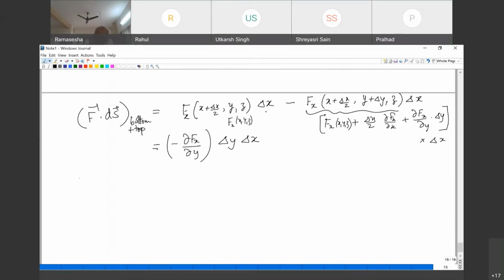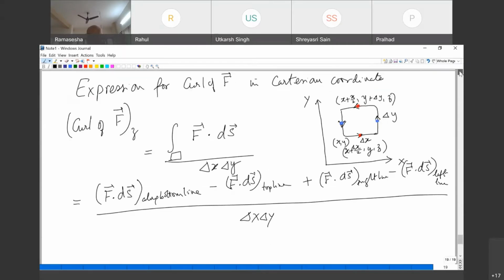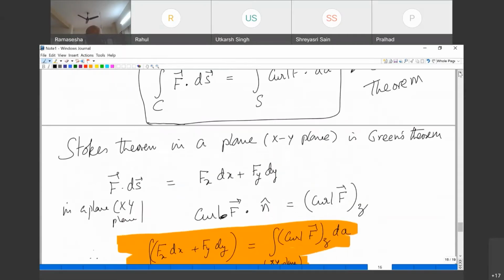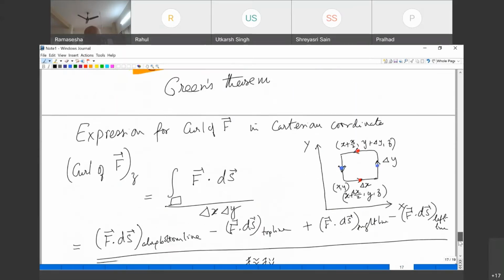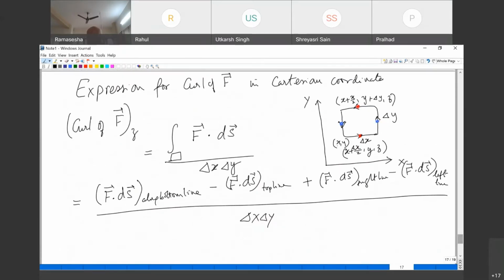Similarly, if I'm looking at f dot ds left plus right, I have the point x, which is this point.